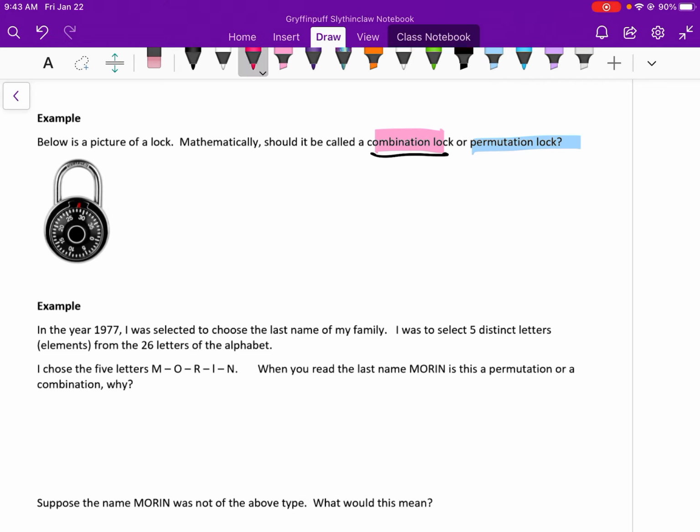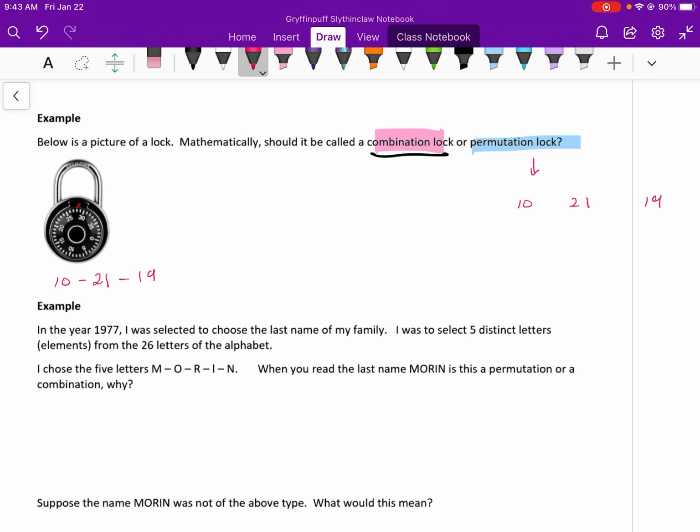Suppose this has the code 10, 21, 19. If it was a permutation lock, order matters. That is, you'd have to choose 10, 21, and 19 in that order.